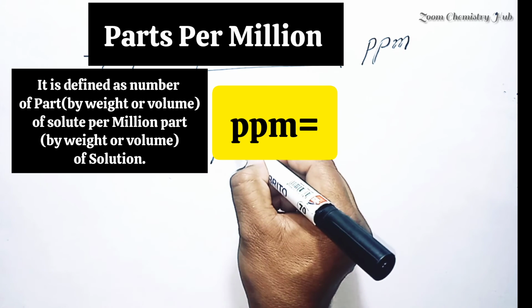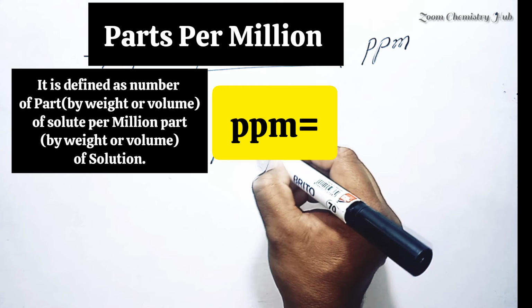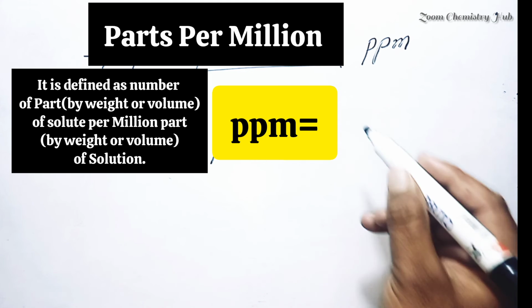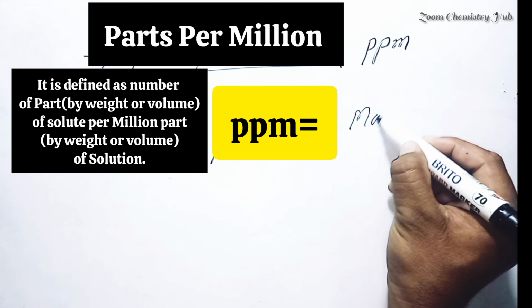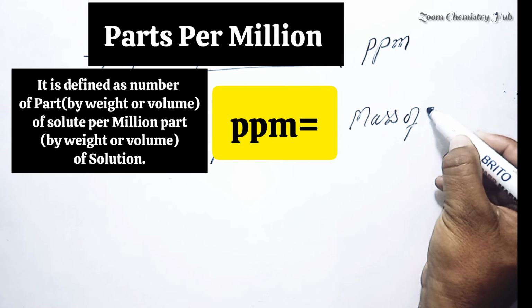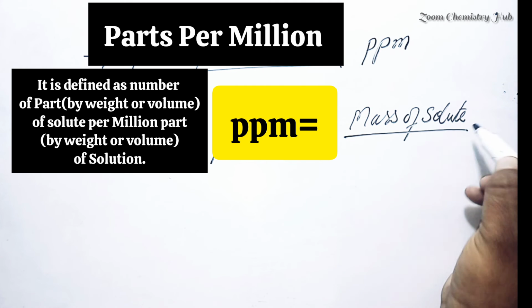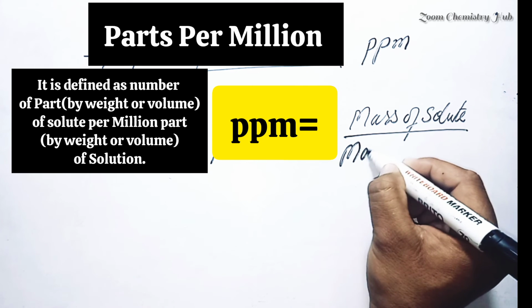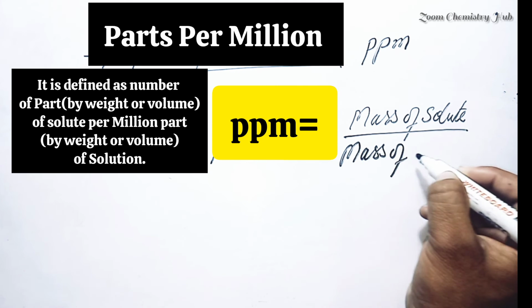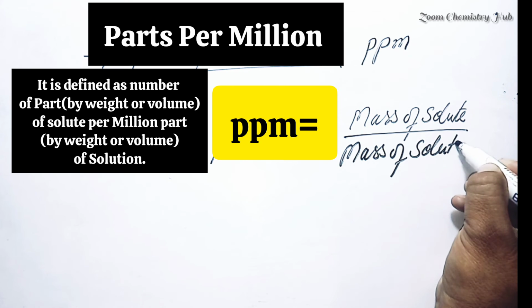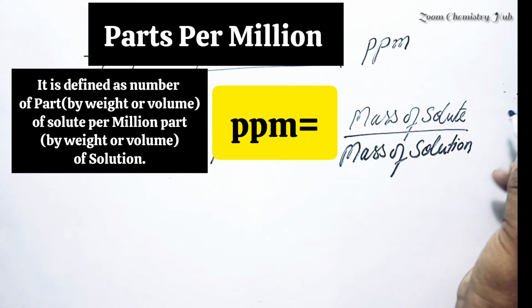We can write it as parts per million is equal to mass of solute divided by mass of solution, and we multiply it with 10 raised to power 6.